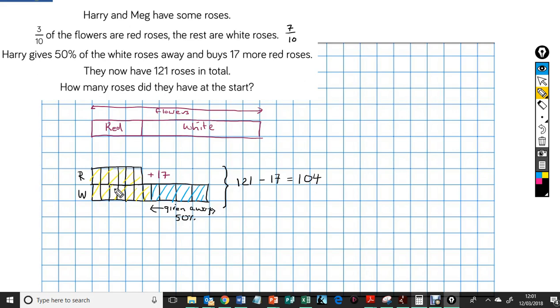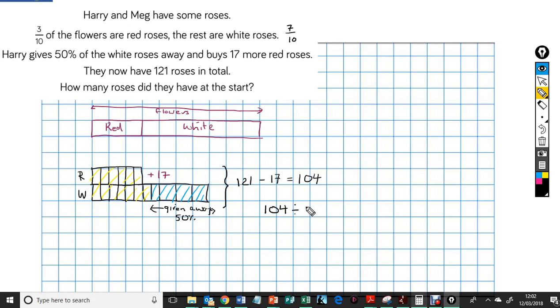I now know that the yellow portion here is equal to 104. And now what I can do is work out what one of these portions is. We have got 2, 4, 6, 8, 10, 12, 13. So I need to do 104 divided by 13.